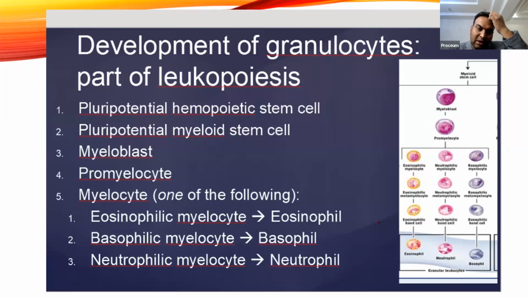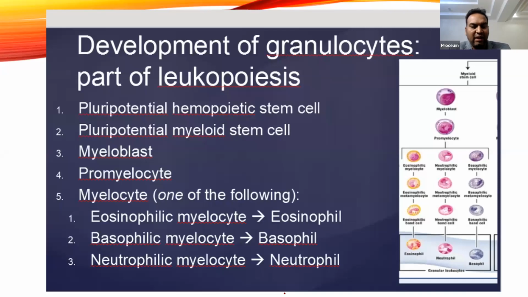From there it becomes a properly differentiated precursor cell of the myelocytes, called the myeloblast. The myeloblast will mature and become promyelocytes, and then it will become myelocytes.